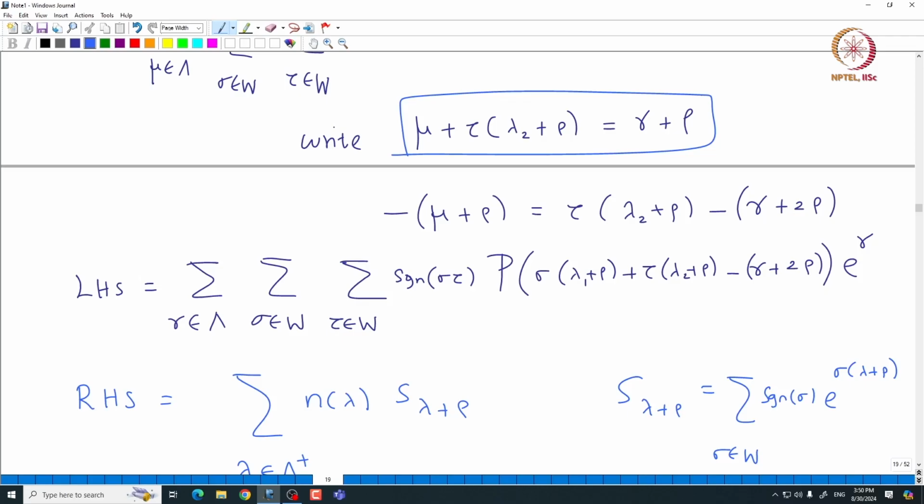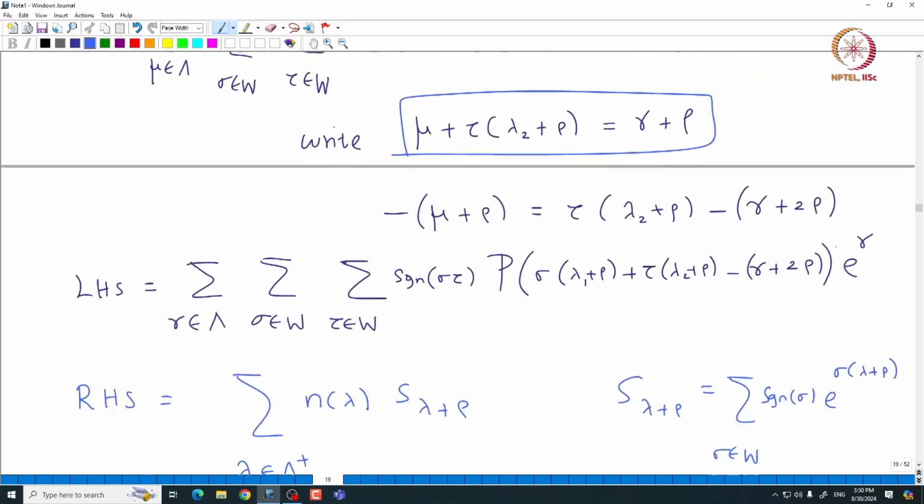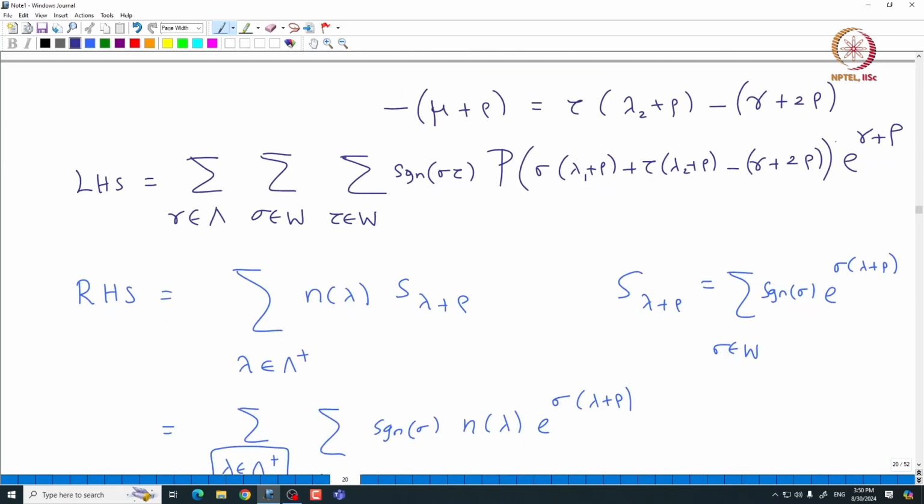So, that means here this is what appears here. So, there is one rho missing. So, we should write this rho here. So, now we have this left hand side that has some formula. So, the coefficient of e power gamma plus rho is given very explicitly by this.